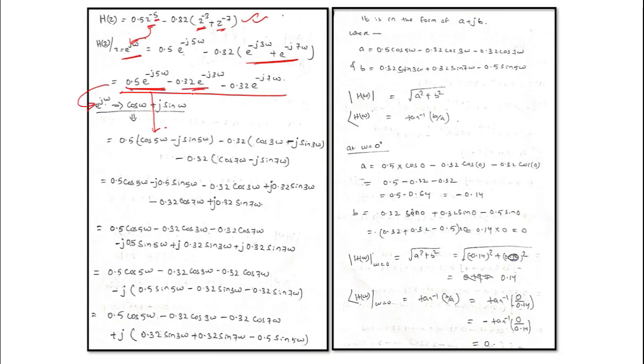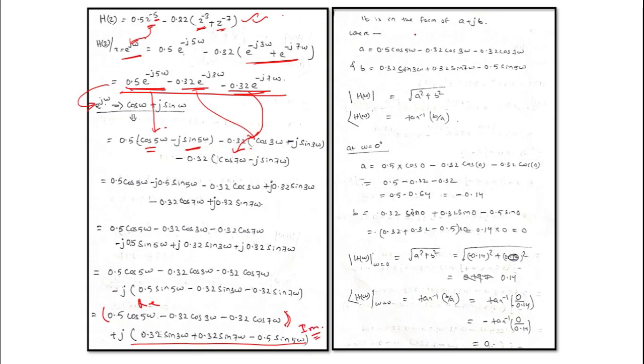The second and third factors come out similarly. Now you have a real number and a complex number in each of these cases, so you have to simplify it so that you can segregate all the real and the imaginary numbers.